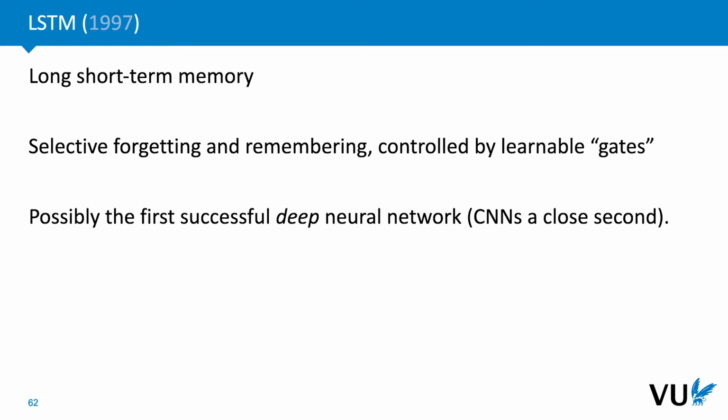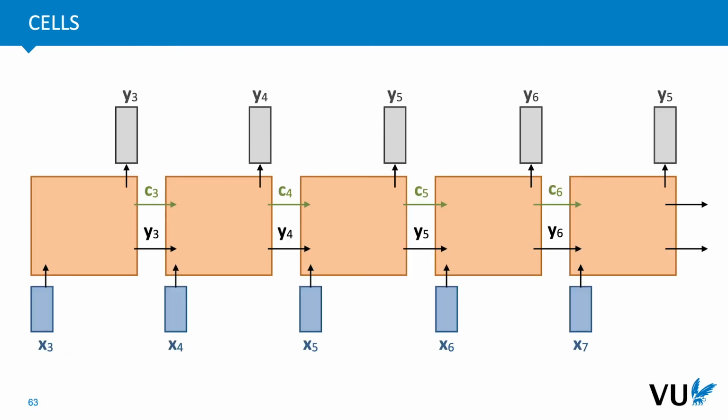The LSTM, which stands for long short-term memory, is a recurrent neural network that has active mechanisms for forgetting and remembering, controlled by learnable gates. This was quite possibly the first deep neural network in history, with convolutional neural networks as a close second in 1998. The basic structure of an LSTM looks like this, where the orange blocks are cells, which we'll look into later.